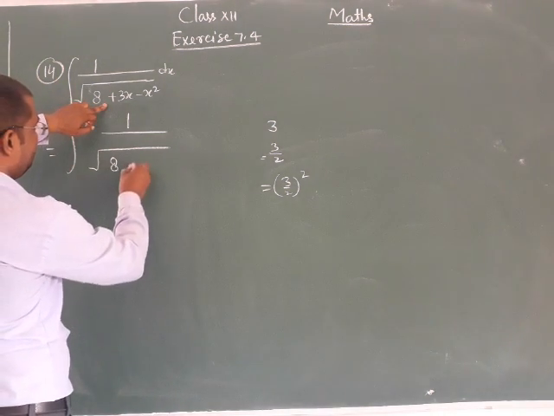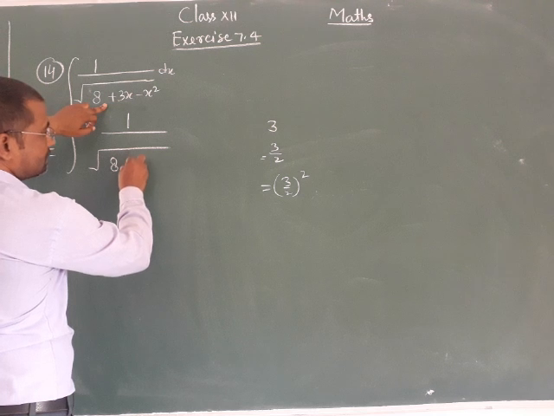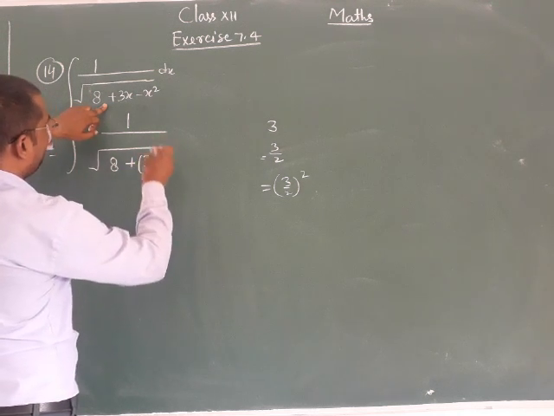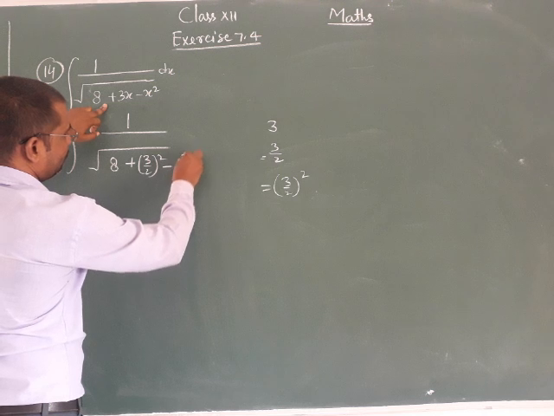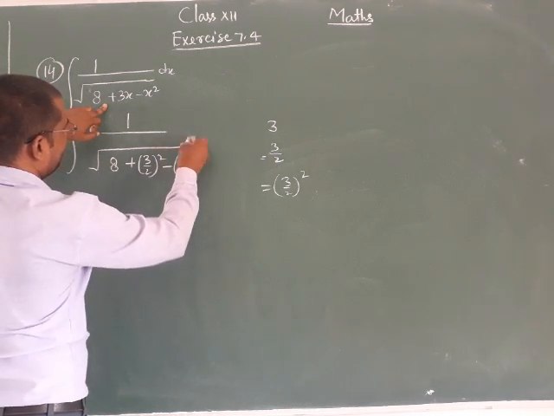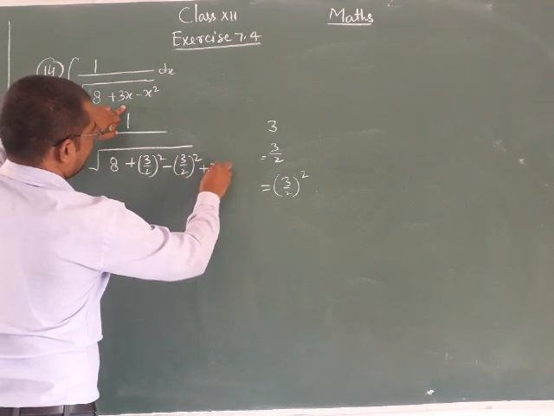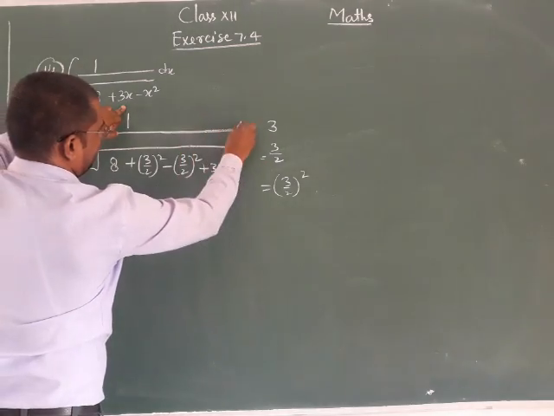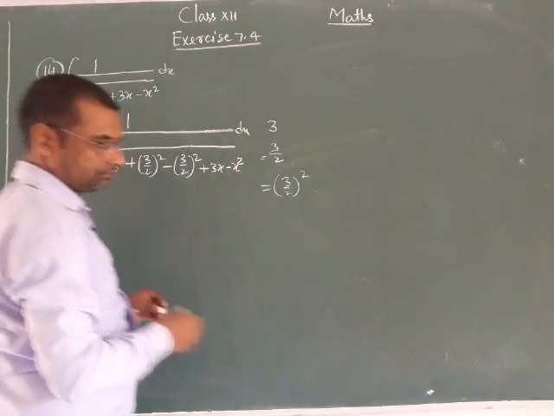So 8 plus 3 by 2 whole square and minus 3 by 2 whole square and plus 3x minus x square, dx.